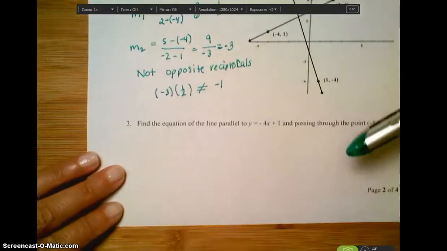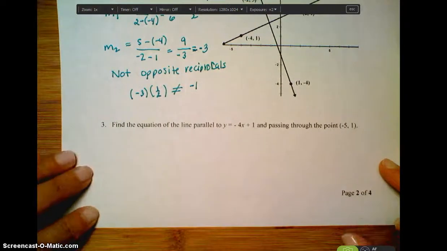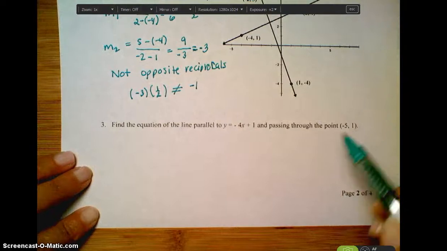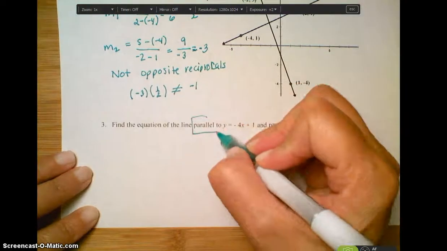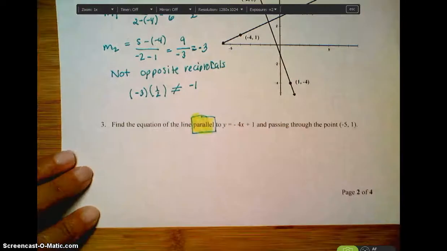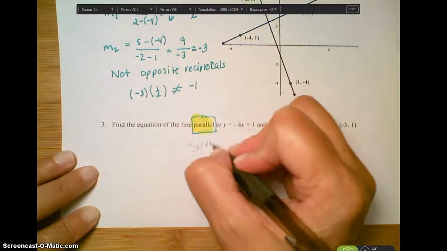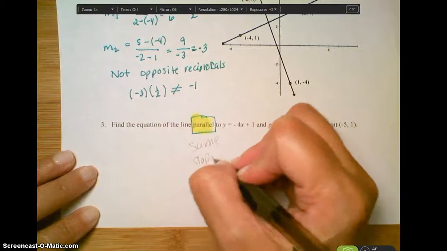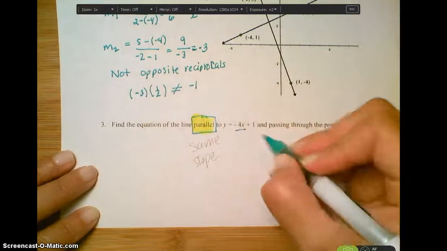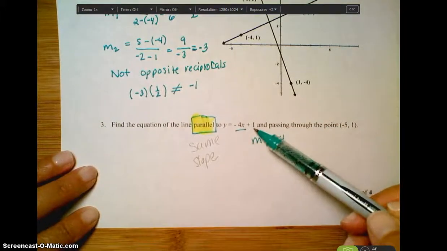For example 3, at the bottom of the page, we're being asked to find the equation of the line parallel to this line and passing through this point. When I see the keyword parallel, I think to myself, same slope. So, once I know I want the same slope, all I'm going to keep is the slope of -4. You do not keep your y-intercept.